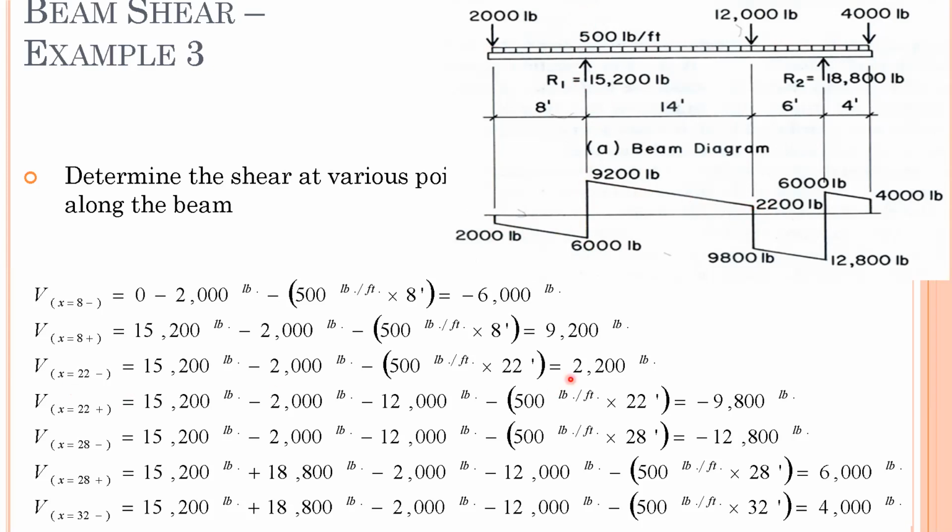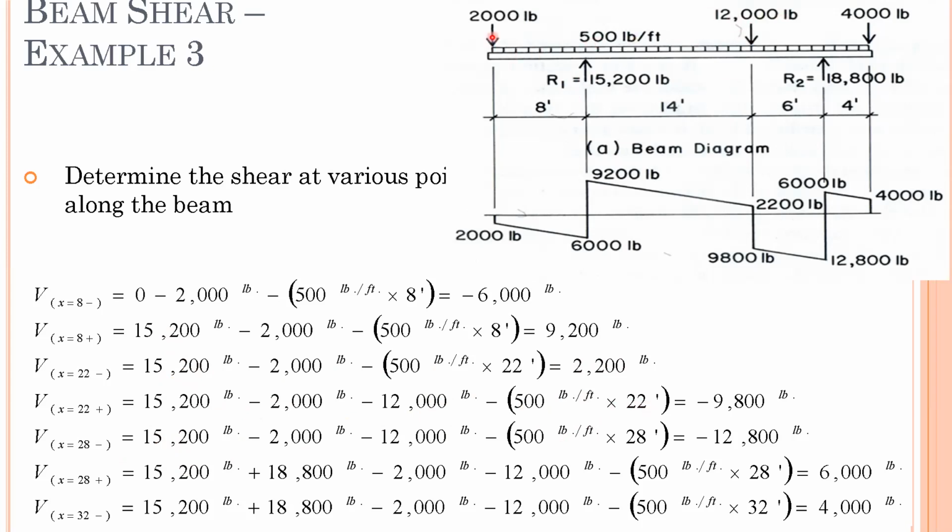But you see how we work out the 2,200? We call that the negative part of the shear. So you look at all of the negative force coming down from the 1,500, the last 1,500 you deal with, which was a positive shear, positive force. All of them are taken away from the 1,500. So the next one, when you reach down to here, from the same 1,500, they're all going to be taken away from it. So this is one way of working it out. 2,000 from the 12,000 plus all of these are negative force coming down.